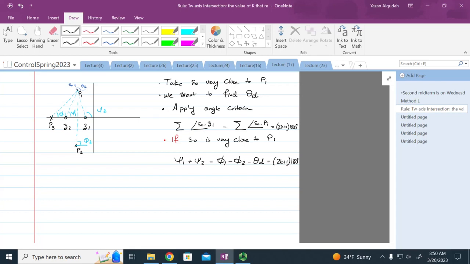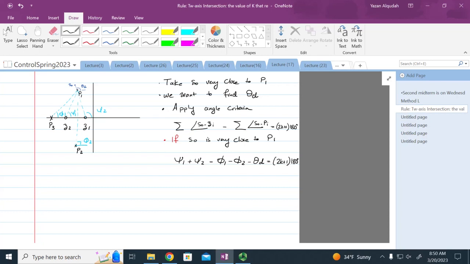Everybody? So the angle of S0 to all the poles and zeros are the same as P1. But there is also the theta departure, that is the angle from the pole P1 that we're trying to find the departure from. We call this theta d. We do not know what it is.